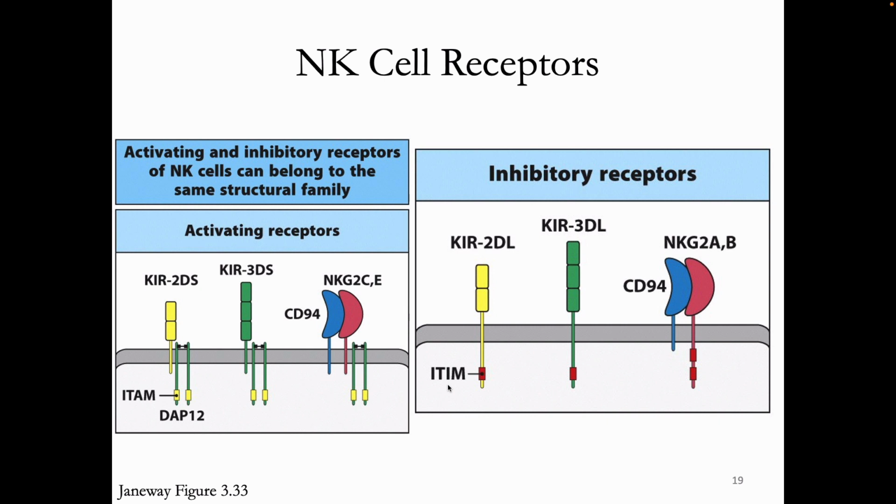The key thing to note about this partner protein is that it contains ITAMs. You've seen ITAMs previously in the course. This is a string of amino acids containing a tyrosine, and if you phosphorylate it, it leads to an activation signal. ITAM stands for immunoreceptor tyrosine-based activation motif.